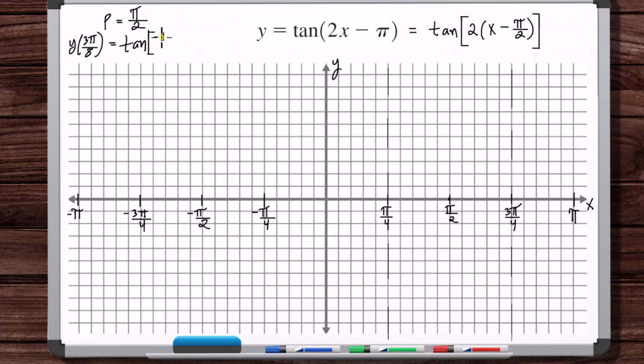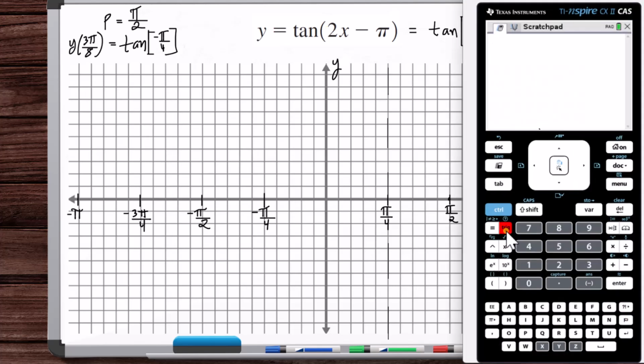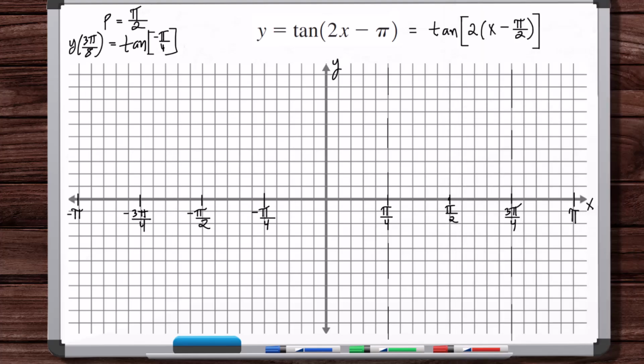So minus pi over 4. Okay, so tangent of minus pi over 4 is minus 1.